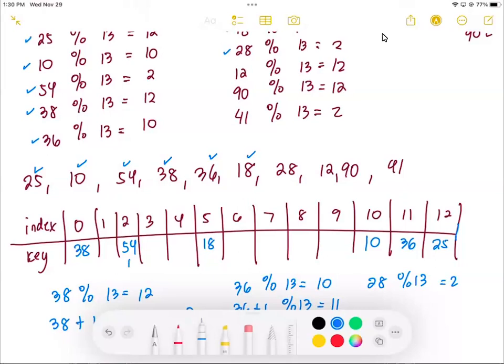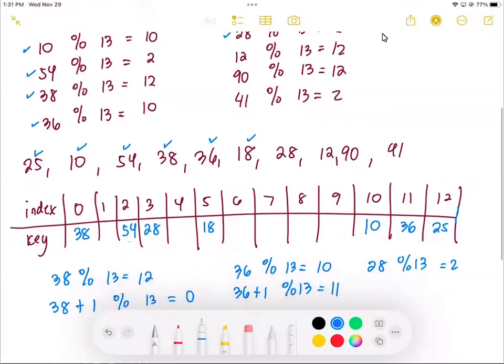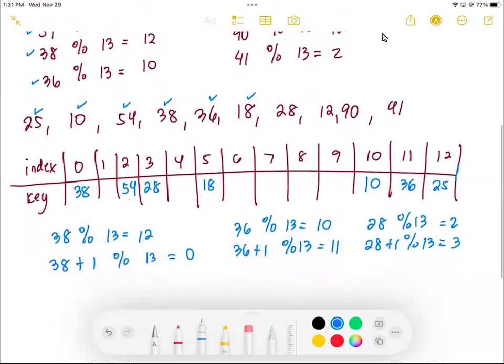We are supposed to put 28 here, but it's already occupied by 54. So what we are going to do is put 28 in the next slot. Formally, we did that by adding 1 to 28. 28 plus 1 modulo 13 equals 3. Okay, we are done with 28.